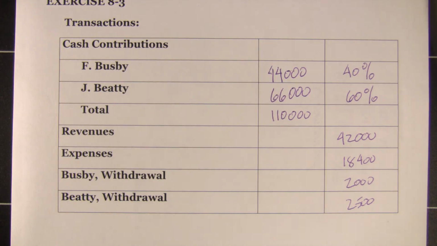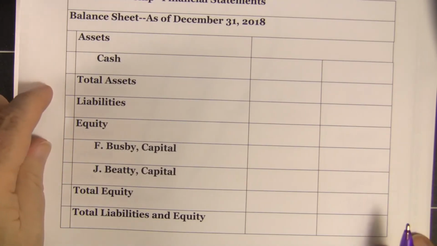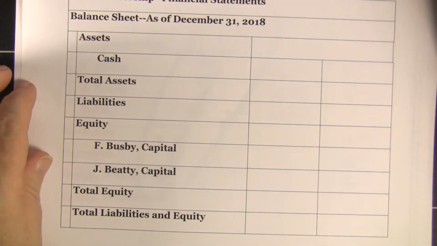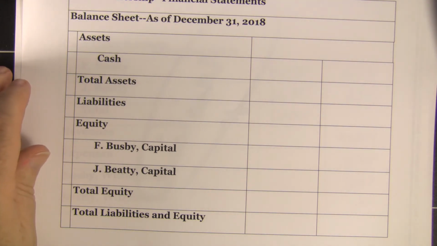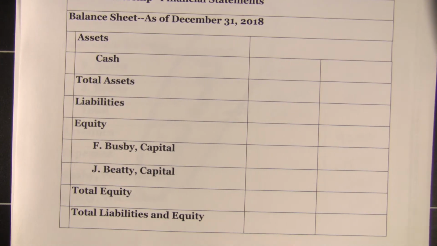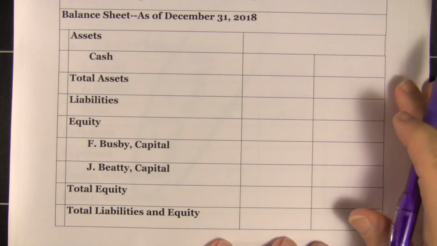Okay, now remember, the original document is the document that controls the entire transaction. So the next thing it wants us to do is a balance sheet as of the end of the year. And we only have one asset.